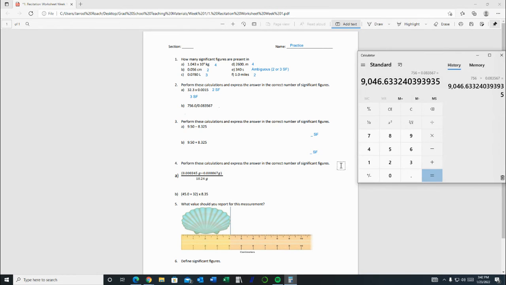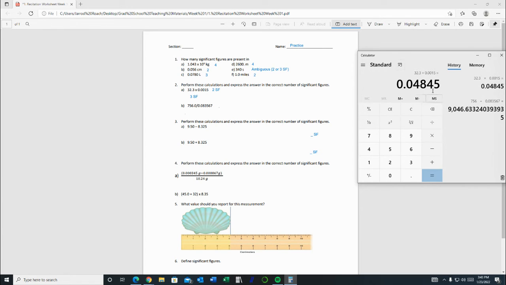So let's go ahead and use our calculator. 32.3 times 0.0015. And we find this is our answer, but we need to make it so that it has two sig figs. So these zeros are not going to count, but then one sig fig and two sig figs. So we're going to cut it off at 0.048. Now we need to make sure that we are rounding correctly.